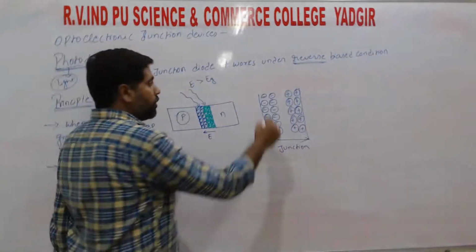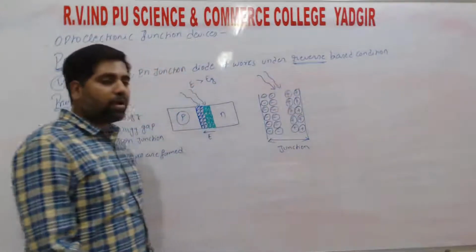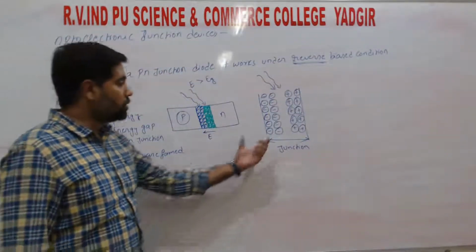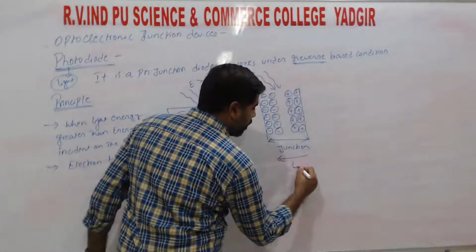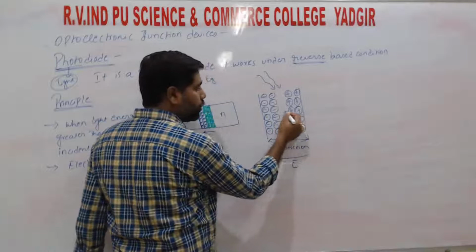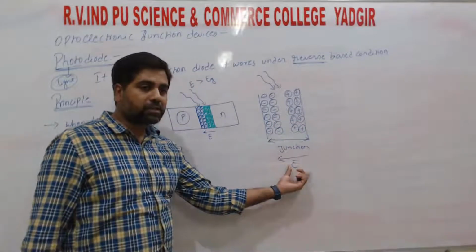So when light of wavelength lambda falls onto the junction, the electron hole pairs are formed, and due to this the electric field is produced.